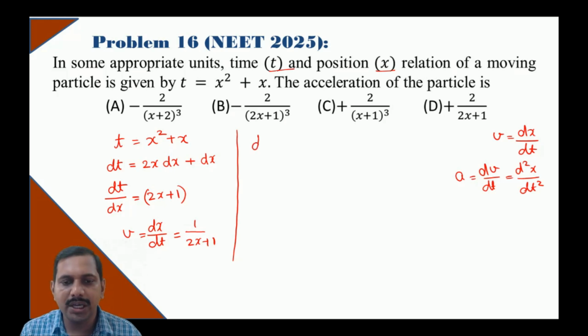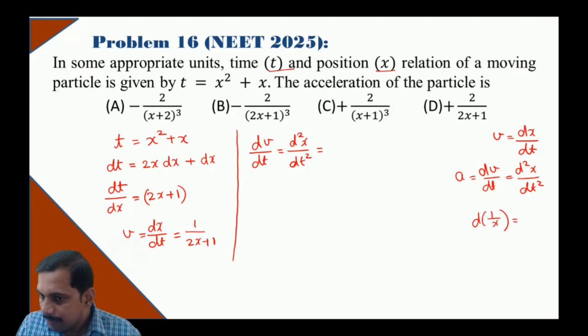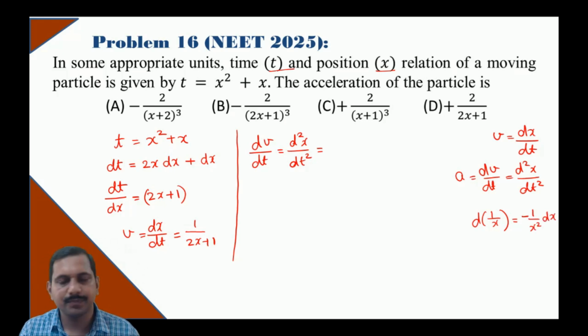So now dv by dt, which is equal to d square x by dt square, right? D square x by dt square is equal to, here this is in the way of d of 1 by x, right? D of 1 by x is minus 1 by x square dx, right?